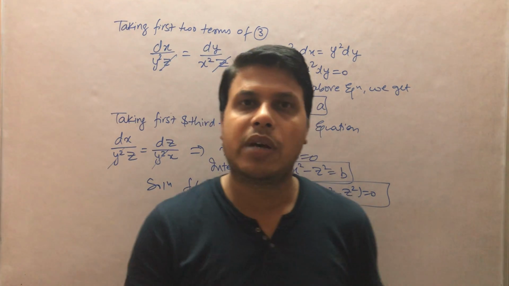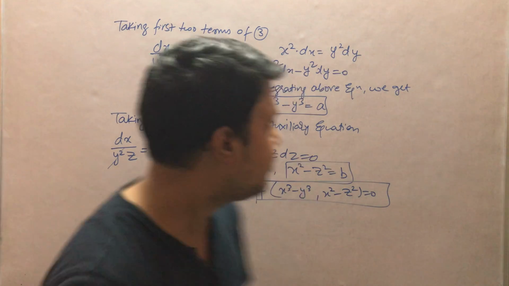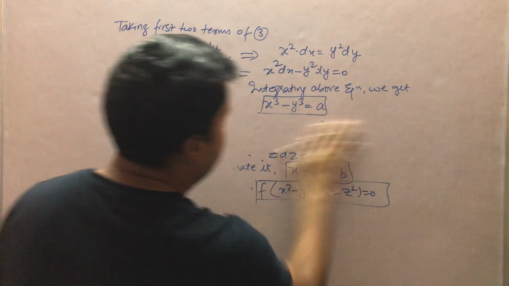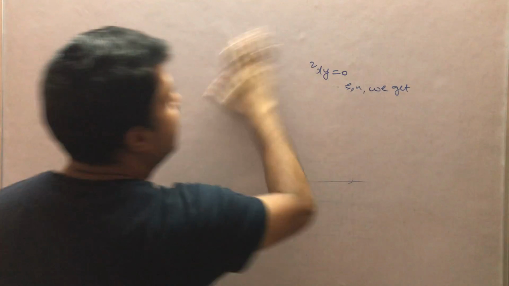Now we are going to have an example in which we are going to use the method of multipliers actually. So there is another example which I have taken for you, and the example goes like this.